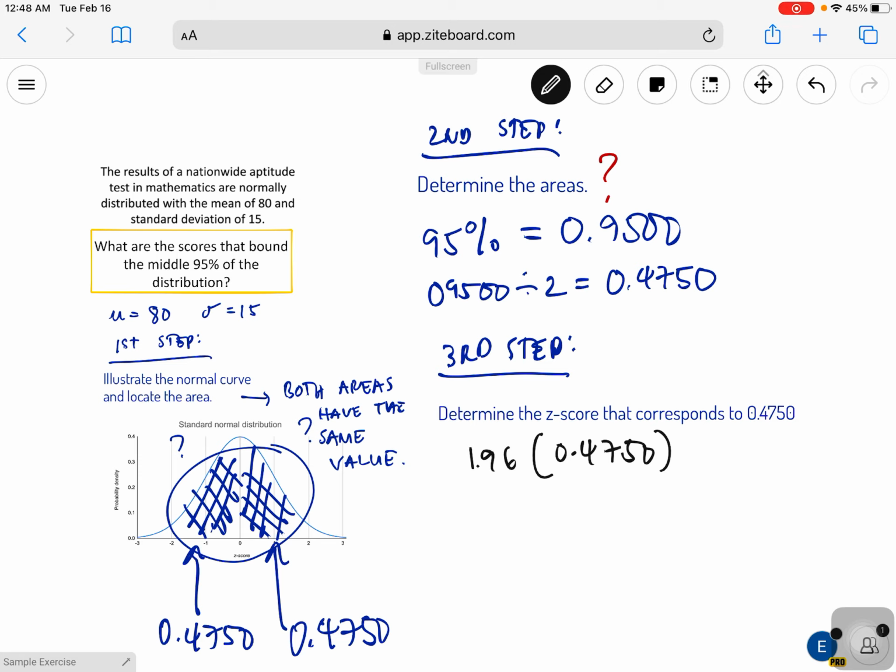So below the mean, the z-score is negative 1.96, and above the mean is positive 1.96.